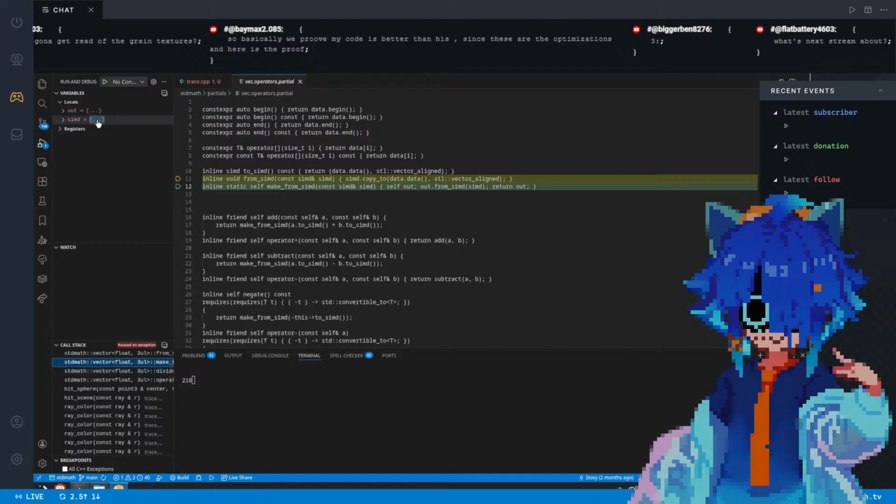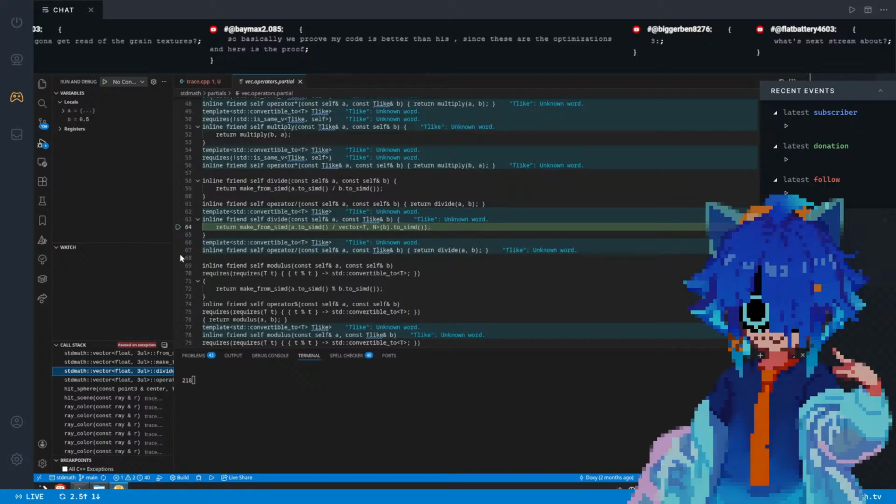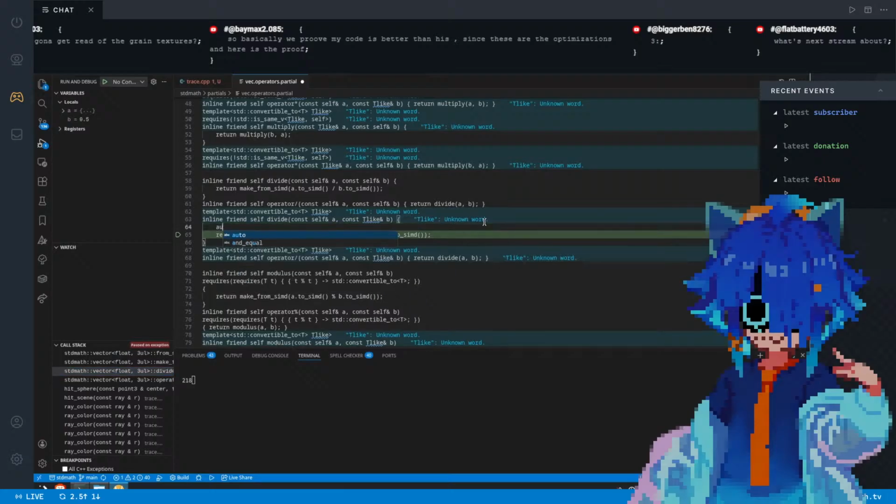So we cannot access the SIMD. So then this is divide. I wonder if it would be better to pull this temporary SIMD out.